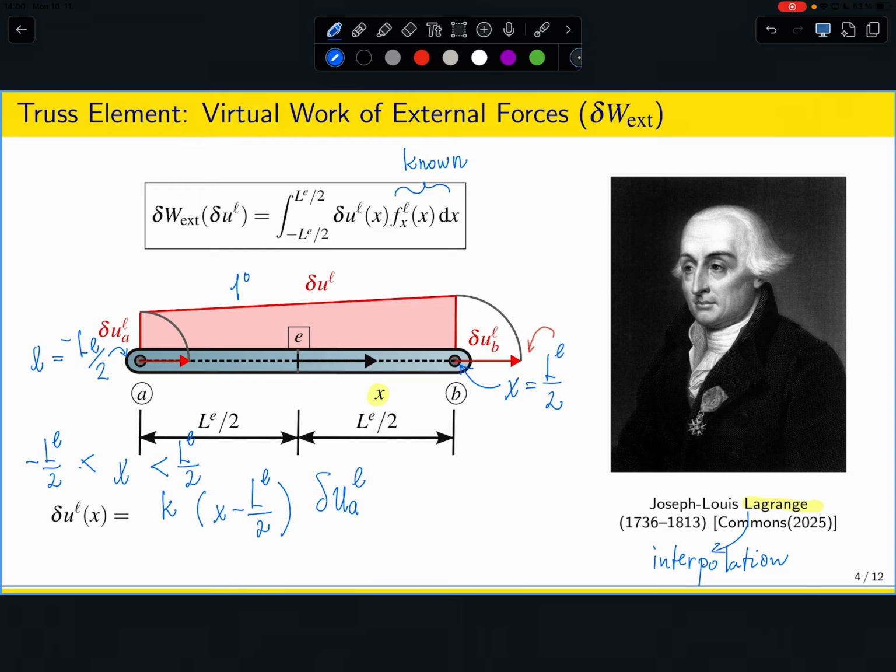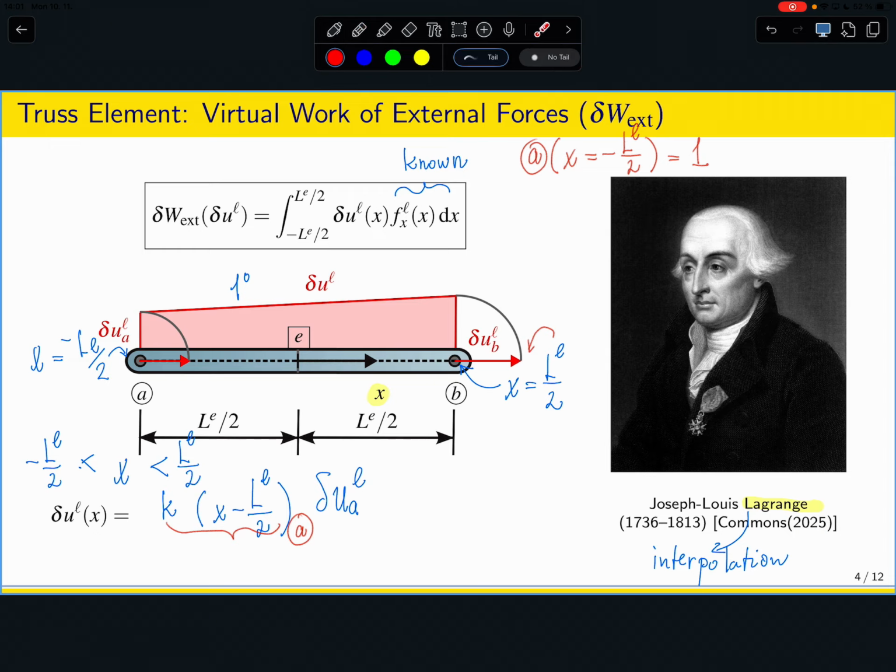So now the only thing which remains is to scale this k in a way that if I take this expression and substitute for x this left value, so I need to take this expression, let's say a, and make sure that if I evaluate it for x equal to minus LE over 2, I will get 1.